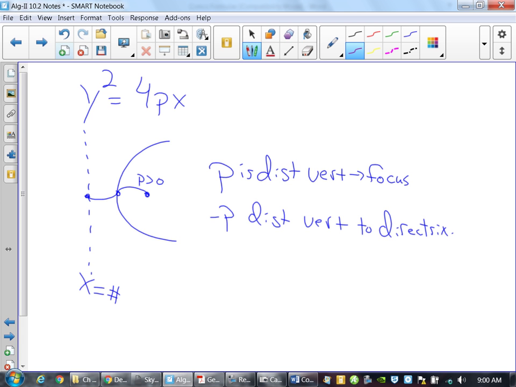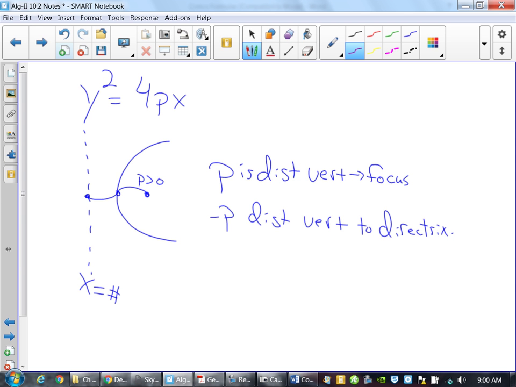So we're going to get an equation, and then we're going to graph it, and label the focus, vertex, and directrix.